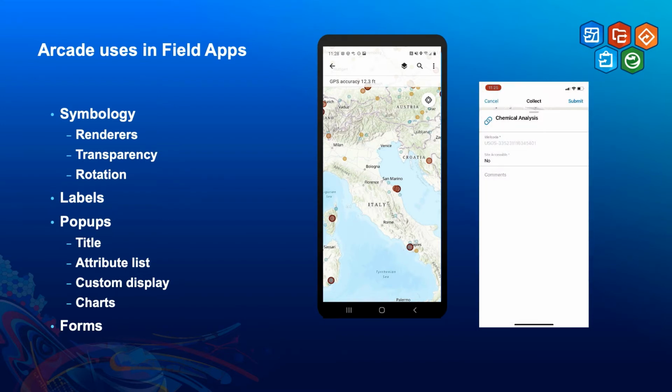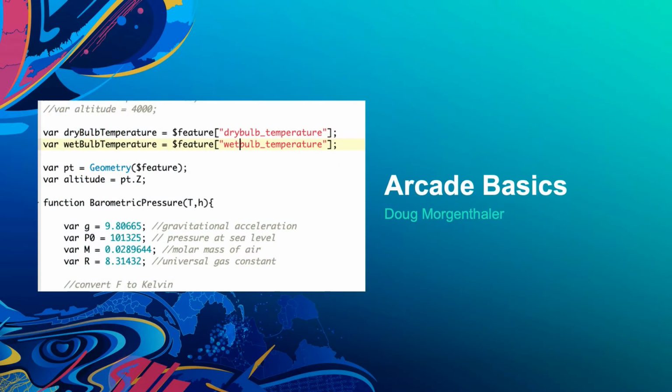You can provide a wealth of information via pop-ups using Arcade expressions. And you can also streamline field data collection using form conditional logic that's based on Arcade as well. Let's take a look at how you can get started with ArcGIS Arcade in our field apps now.